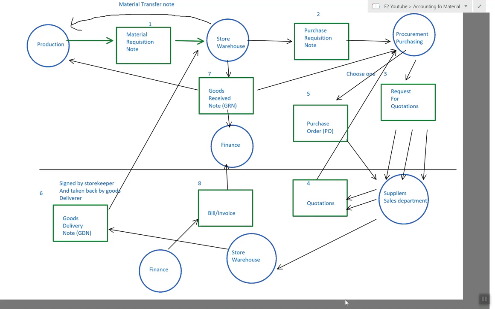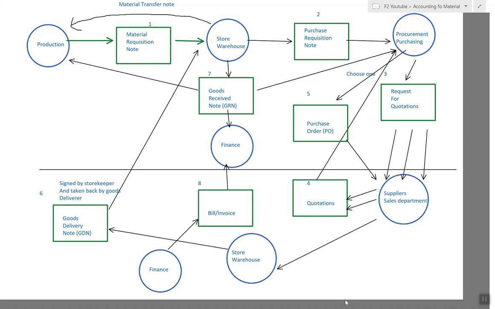So I've made a system here. Systems in every organization are different depending on the size of the organization. Usually, the bigger the organization, the more documents they have, the more steps they have. The smaller an organization, the fewer documents they will have, and the less complicated the system is going to be.